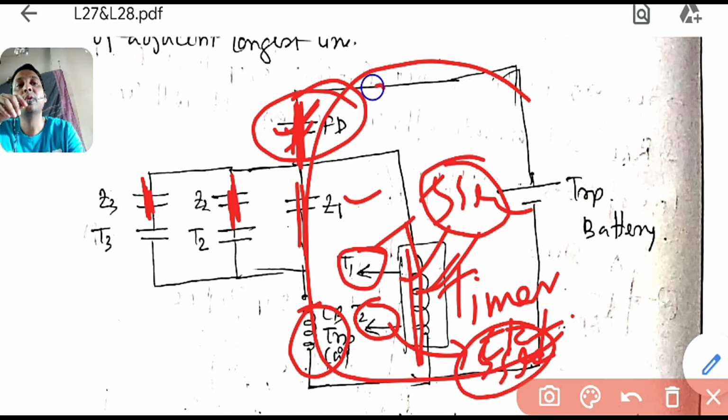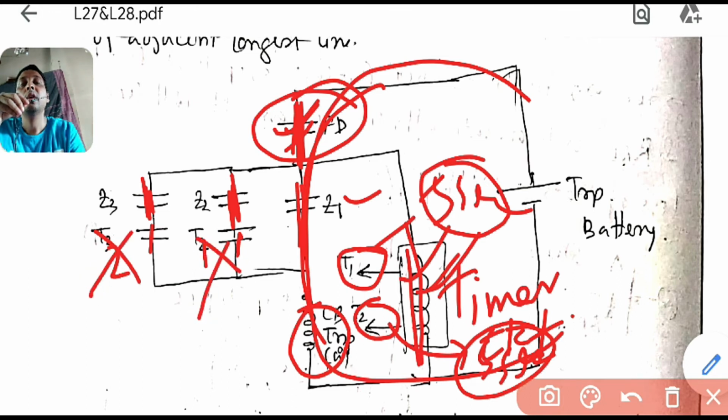But the line will be shorted by this path, because T1 and T2, these time signals, are not yet closed. It will close after 5 seconds, then after another 5 seconds. So till now it is not closed. So immediately if Z1 is closed, this line is closed. Once it trips, everything goes to its reset value, FD goes to reset value, the timer goes to reset value, and there is no need for the T1, T2 time intervals.